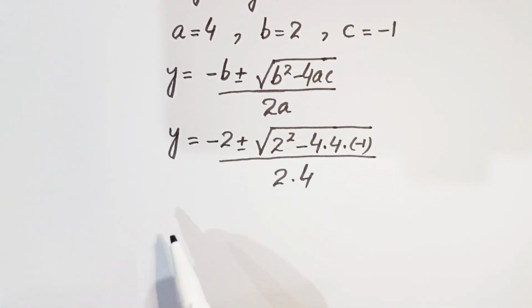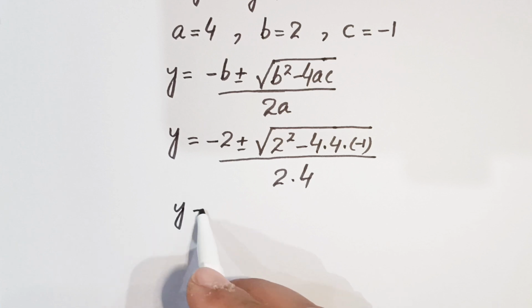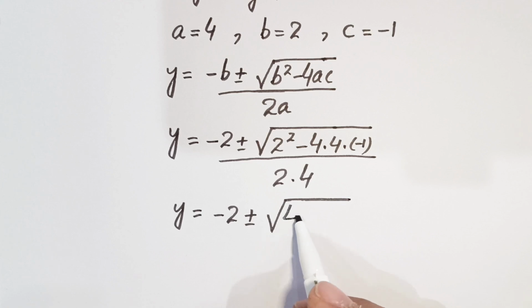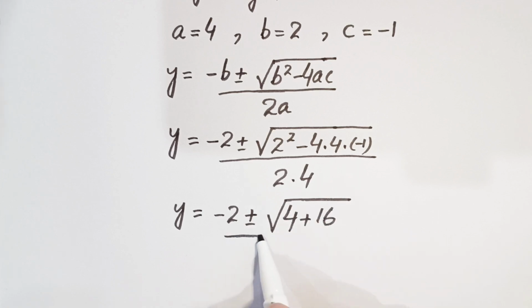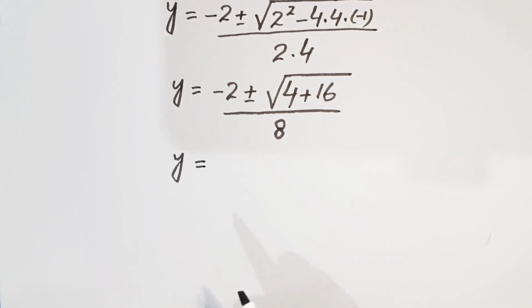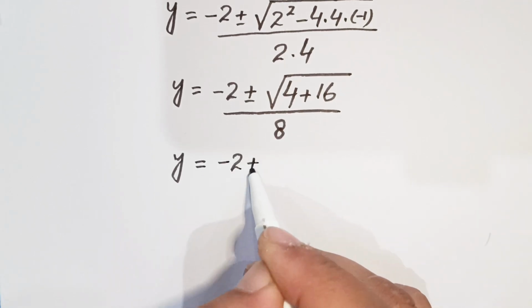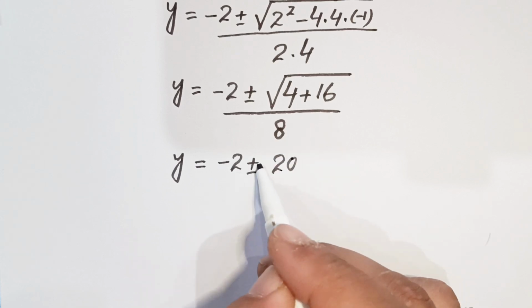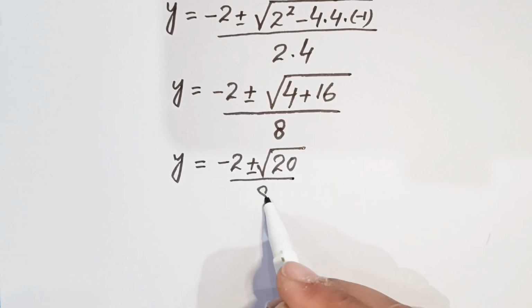Now y is equal to minus 2 plus minus square root of 2 squared, which is equal to 4, and minus and minus is plus, 4 times 4 is 16, all over 4 times 2 is 8. So here y is equal to minus 2 plus minus square root of 20 all over 8.